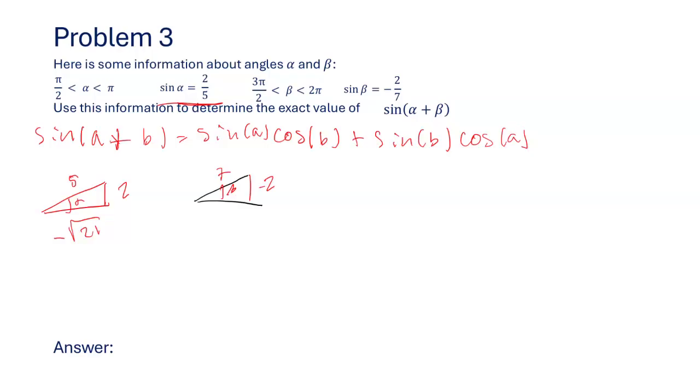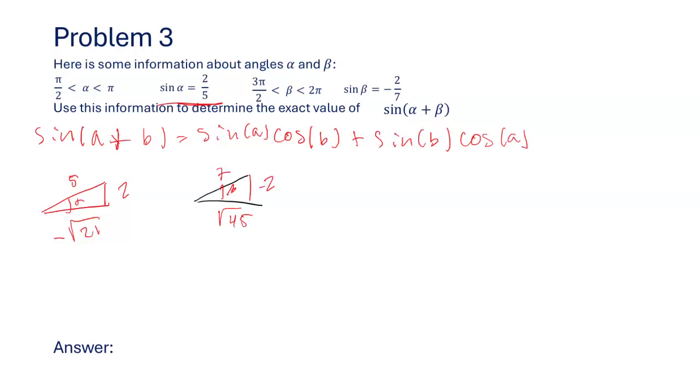And then we're going to solve for the other side, and it is root 45. We know that beta is in the fourth quadrant and all the cosines are positive and the sines are negative. So we did get that triangle right.